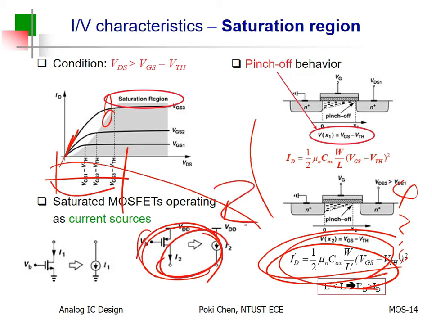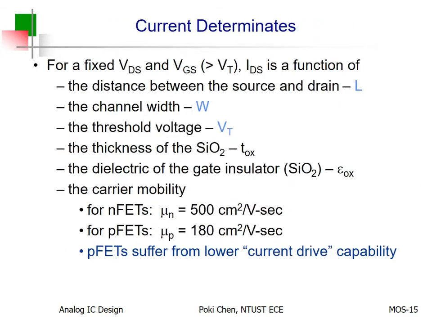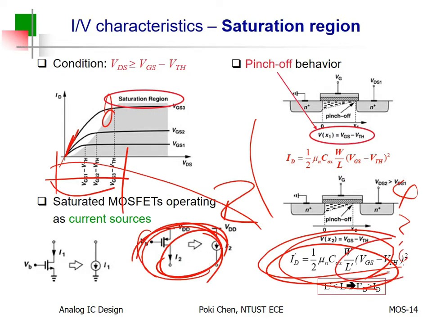So it is the square of this overdrive voltage. That's it. For saturation current, you can see who will have an impact on it: the length, the width, the threshold voltage, as I mentioned here.